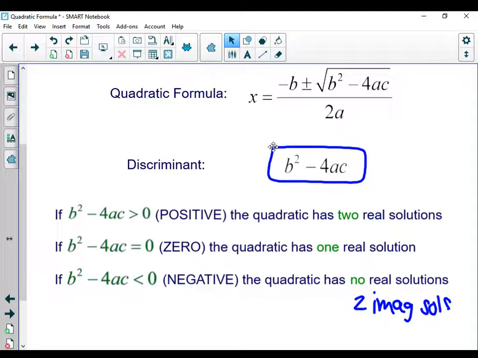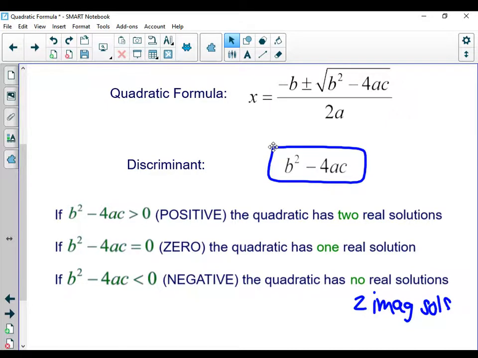Just like, where does it cross the x-axis? y equals 0. Well, if it doesn't cross the x-axis, we're still finding what makes the equation equal 0. It's just imaginary. Yeah. So could you plug in, like on the last one, we got negative 2 plus or minus i square root of 2?